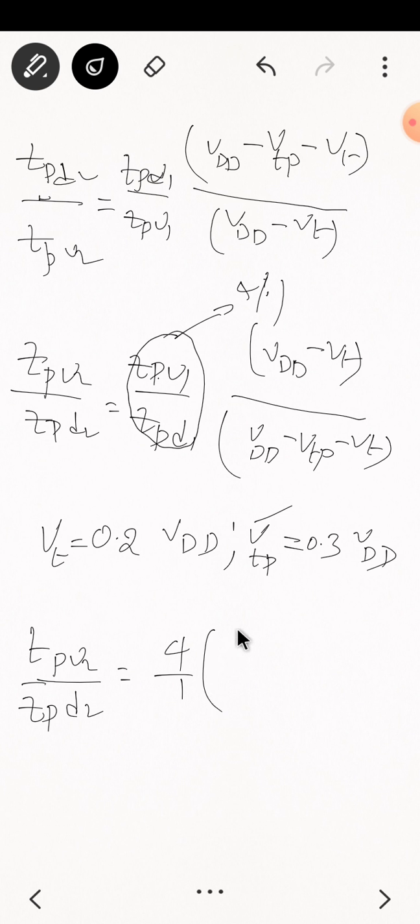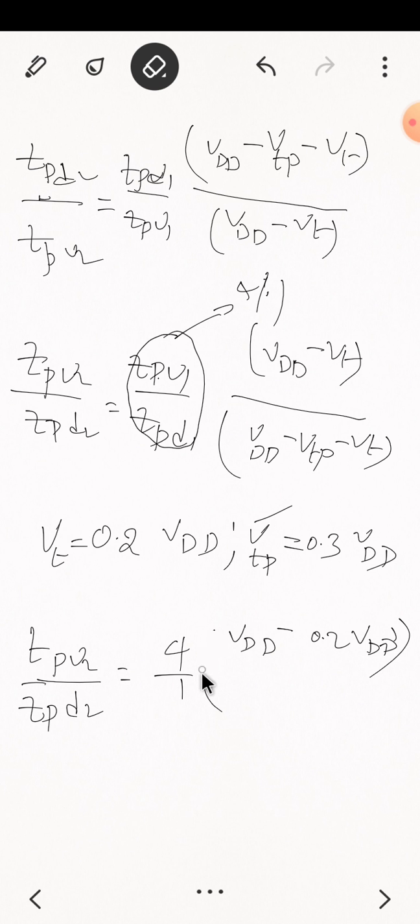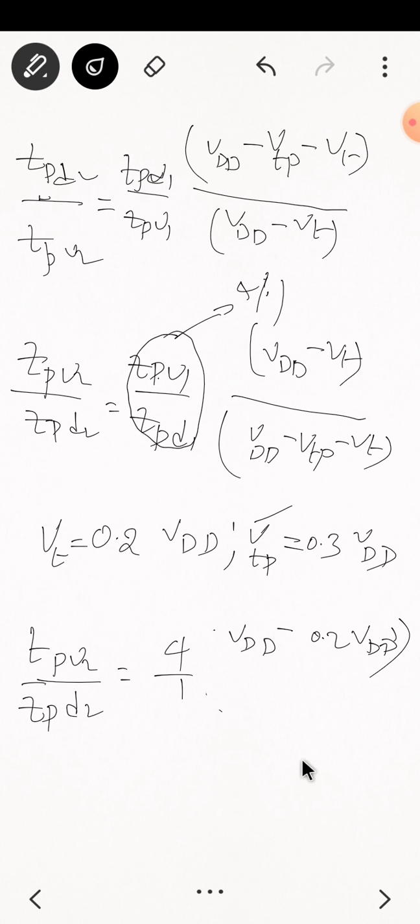This will become VDD minus VT, value 0.2 VDD, upon, next, VDD minus VTP, value 0.3 VDD, minus 0.2 VDD.